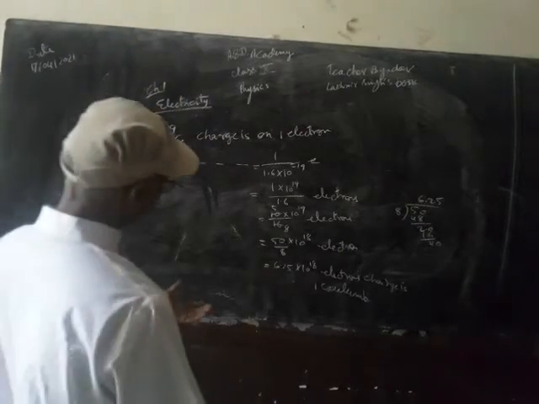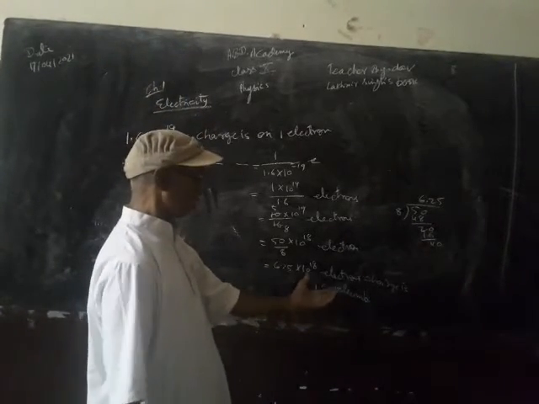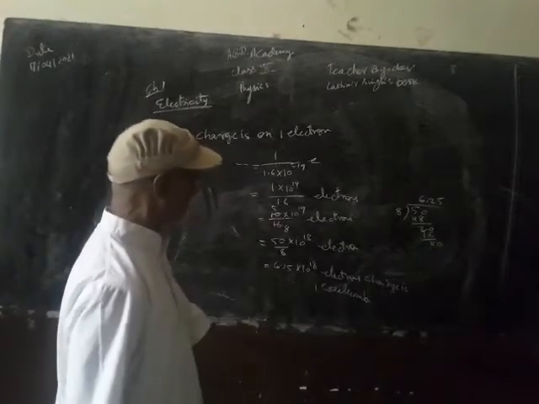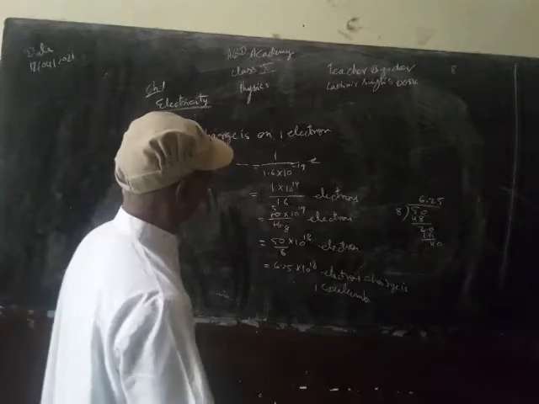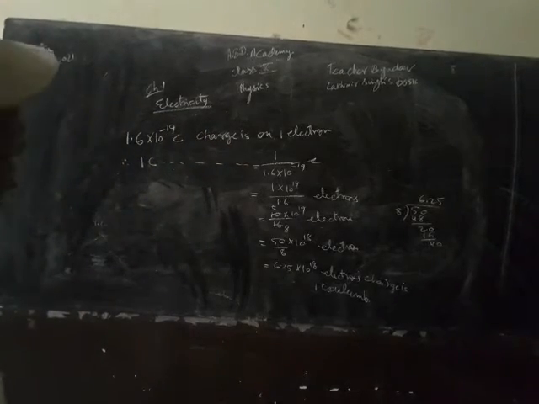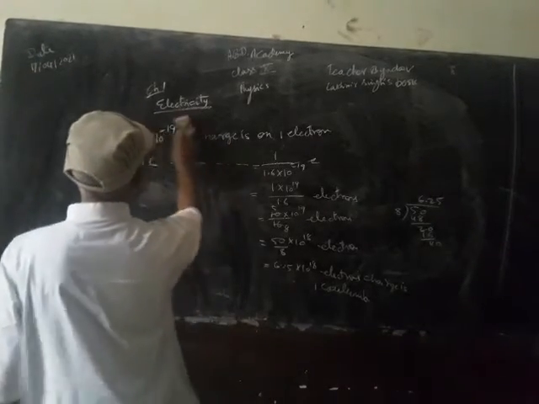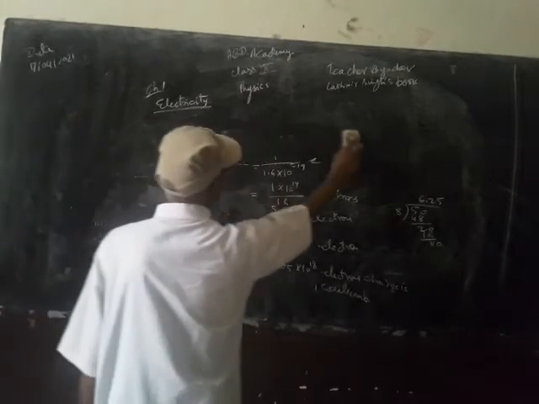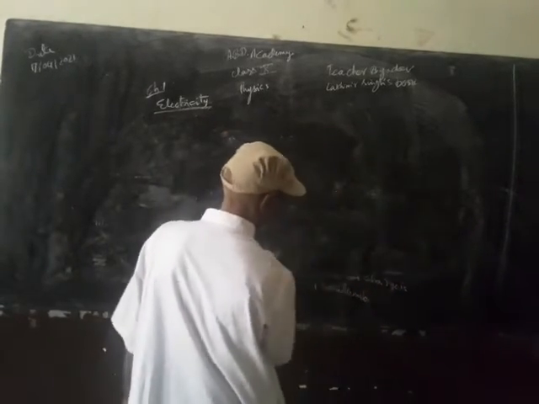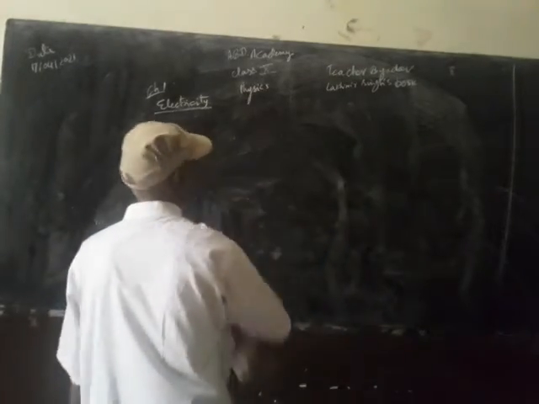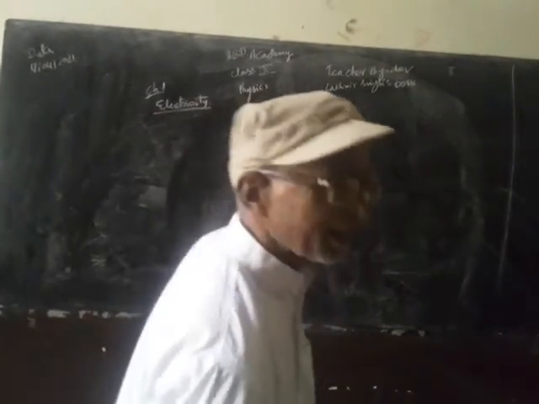If 1 coulomb charge is passed through the cross section of a conductor in 1 second, then strength of current is 1 ampere. So 1 ampere is unit of current. Current electricity. Unit of current is 1 ampere.